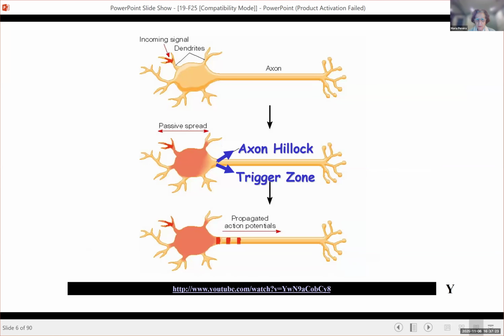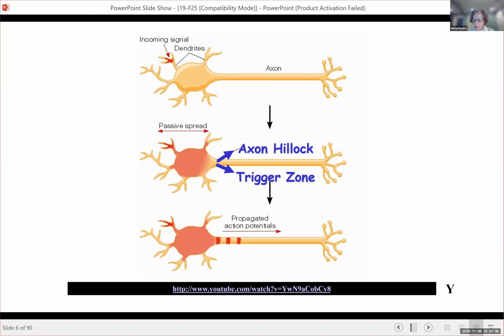Okay, so here you see now in red means the action potential, or the change in electrical potential. So you see the incoming signal, that's very important. It's coming through the dendrites.